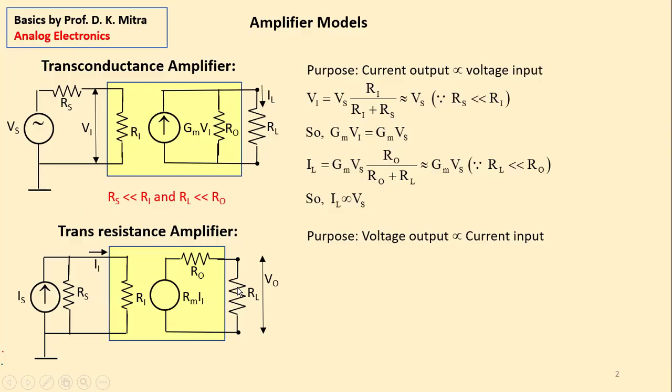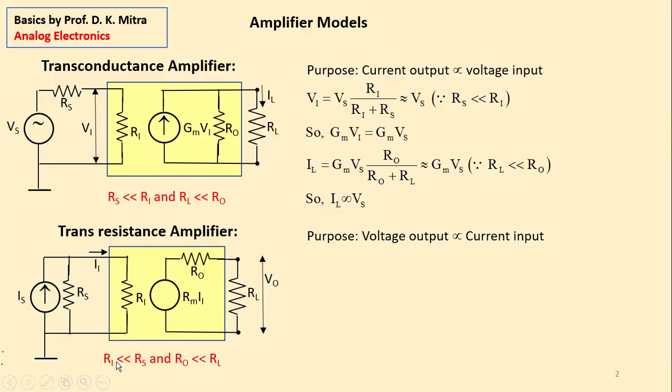These amplifiers or electronic circuits, current to voltage converter and voltage to current converter, are very often used in various instrumentation. Various medical instruments or any instrument, they are used very commonly. This is the transresistance amplifier, where output voltage is proportional to input current, the source current.